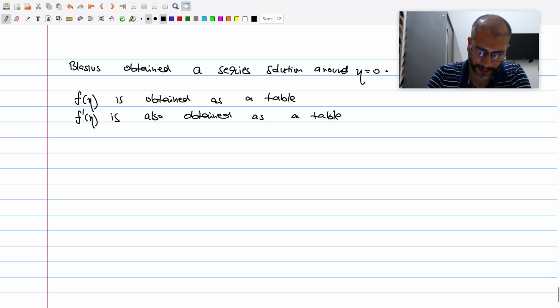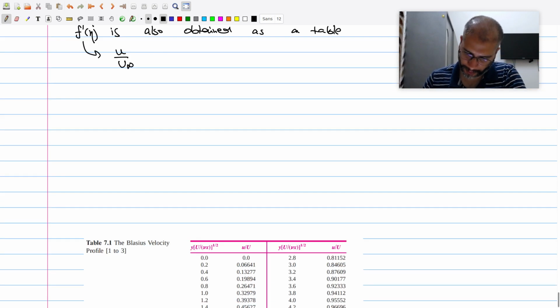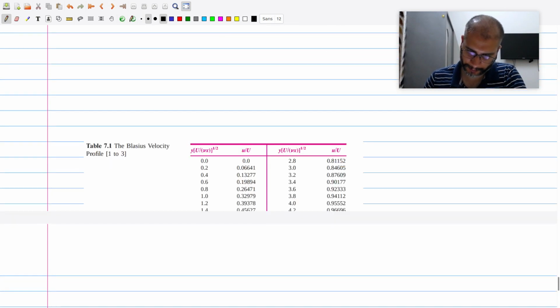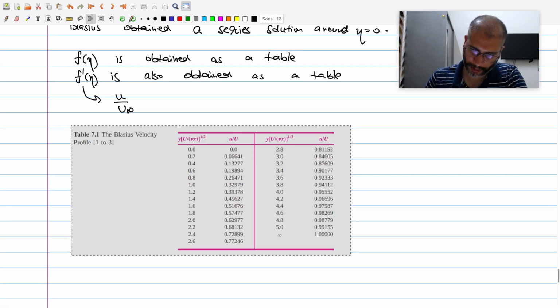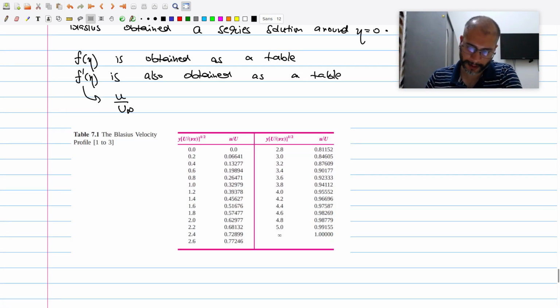Okay, because f prime is nothing but u upon u infinity. So f prime equal to 0 means u is 0, and f prime equals 1 means u is equal to u infinity. Okay, so this was obtained, and I'll show you the table here. This table is taken from the textbook, F.M. White.